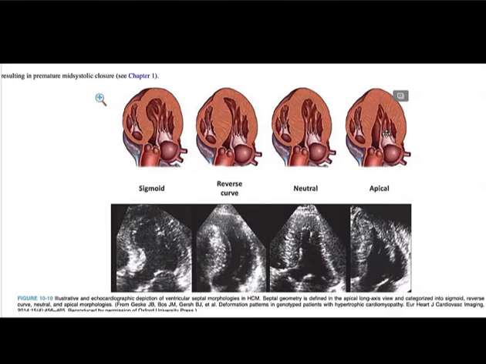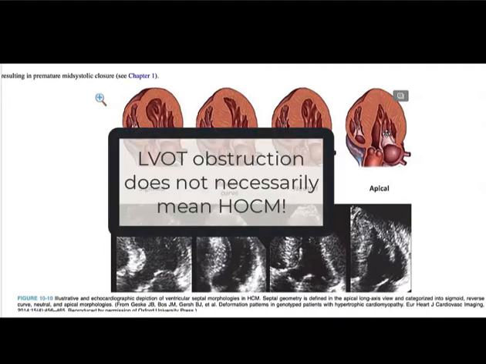It can also be seen in LVH due to amyloidosis, and in patients with overall left ventricular hypertrophy with small cavities. When these people become dehydrated and their heart underfills, they can develop this obstructive pattern. So just know that LVOT obstruction is a physiological state and definitely not just synonymous with hypertrophic cardiomyopathy.